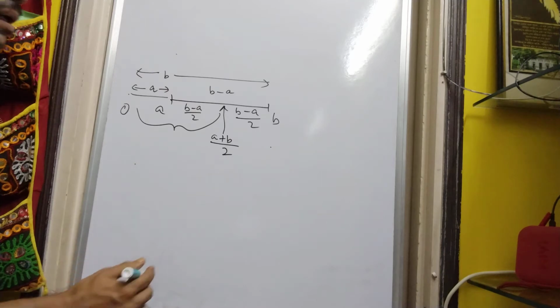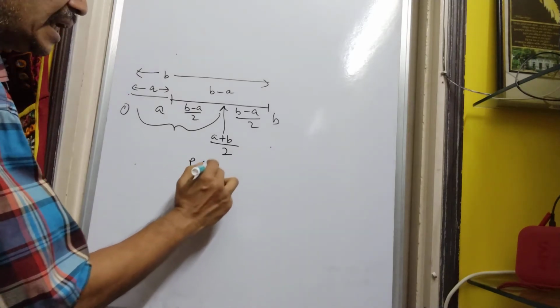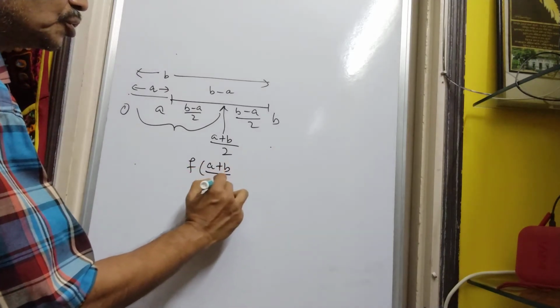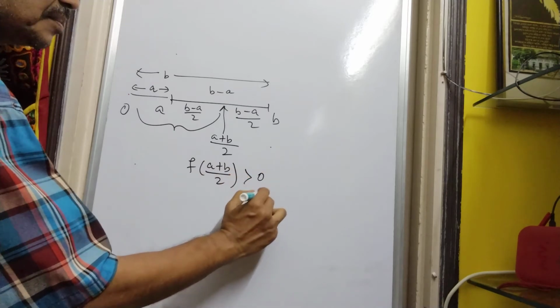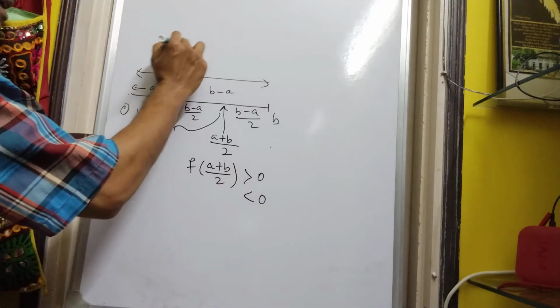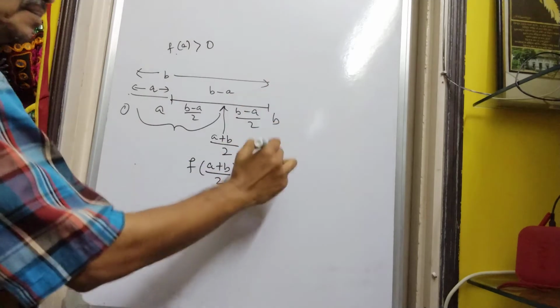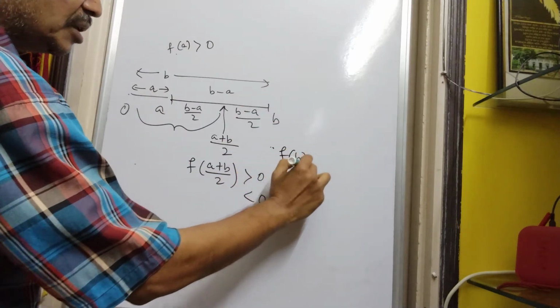And then we check whether f of a plus b by 2 is positive or negative. We have assumed that fa is positive and fb is negative.